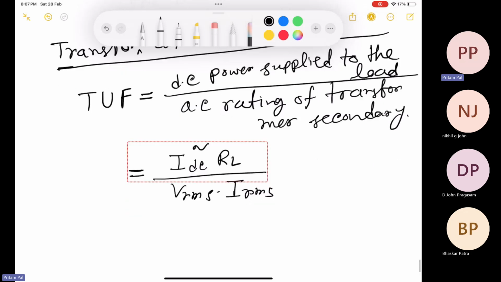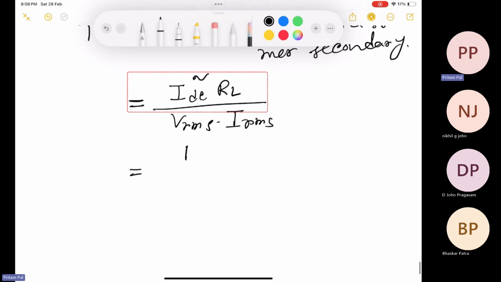You have to remember this expression, then you can calculate for whatever condition will be given in the problem.